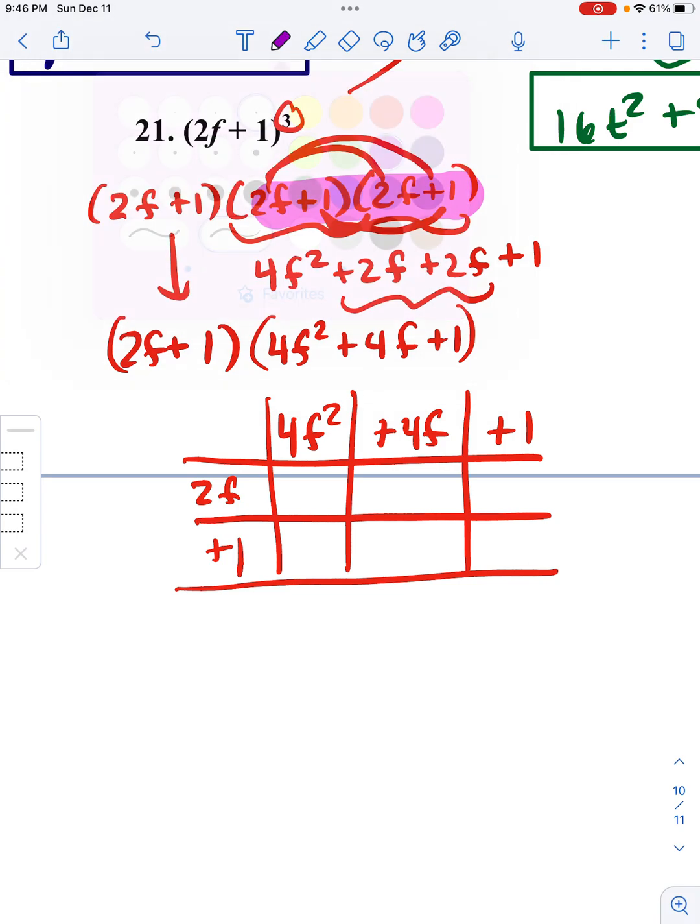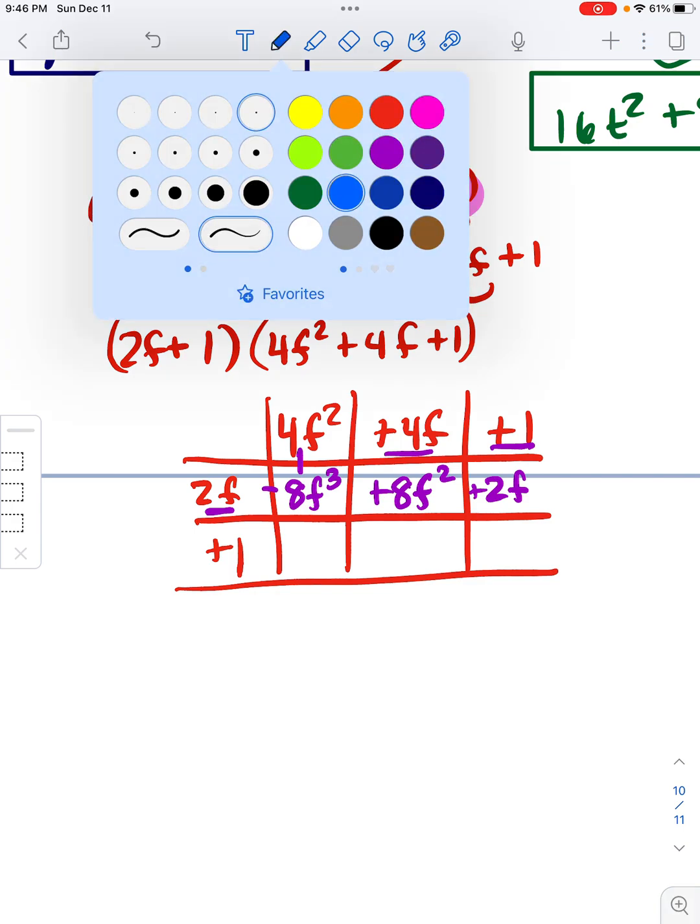And then when I go to fill these in, these two will make 8f cubed. Here in this box, I'm going to be taking 2f times 4f, so 8f squared. Now I'll be taking 1 times 2f, so just a positive 2f.